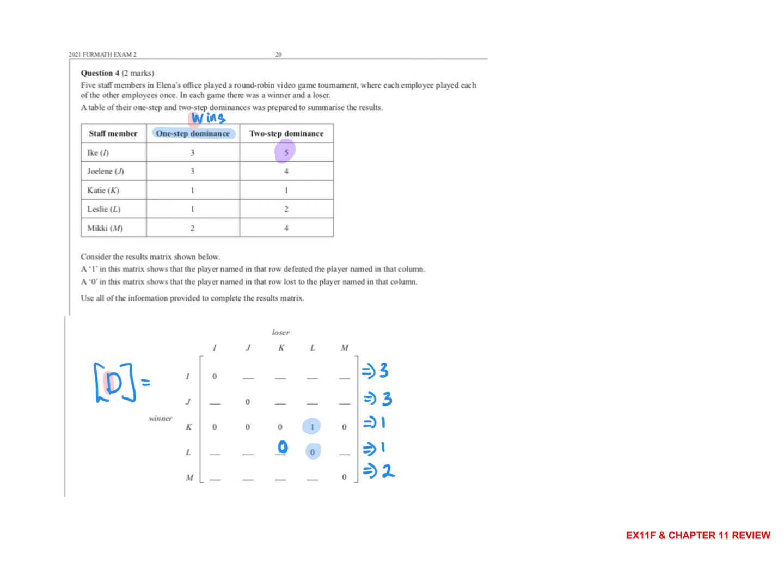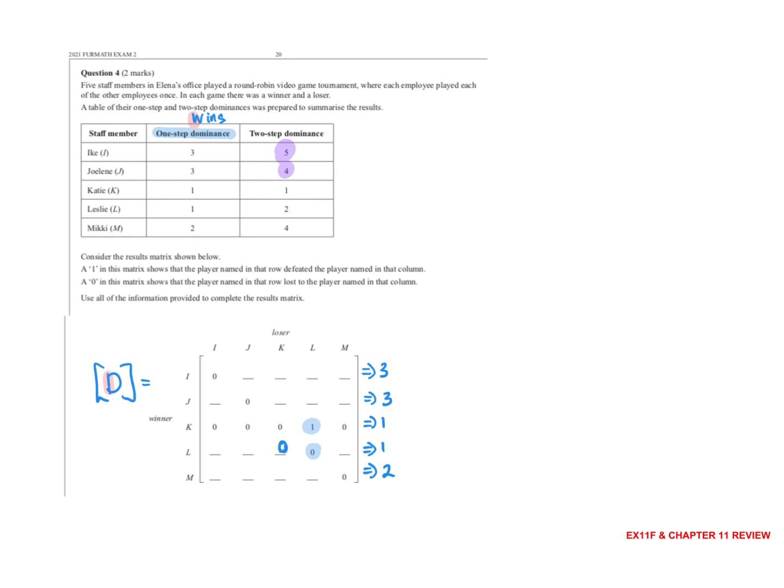And if you see Jolene is second there. So let's go with that, Jolene. So they're probably going to be fairly dominant up here.